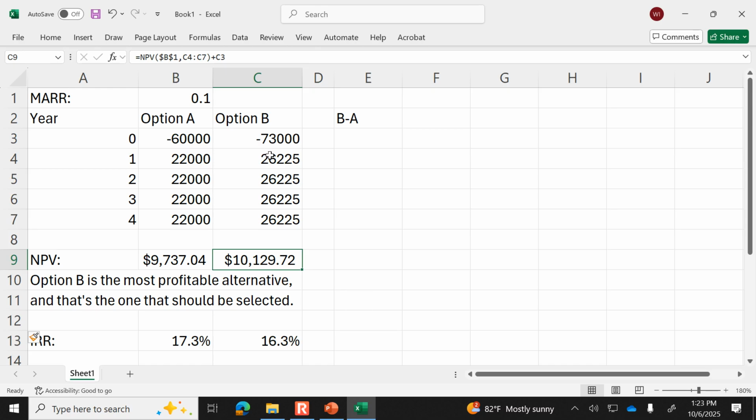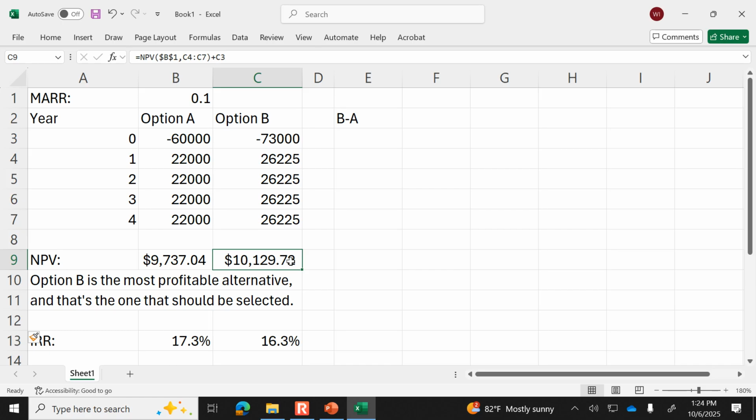So like every year when you get this incoming money, if you borrowed the $73,000, some of the incoming money you get to keep, and some of the incoming money has to go back to whoever the lender was to cover their principal and interest. And so this $10,129, that's the present value of your portion of the profits if you borrowed the money.